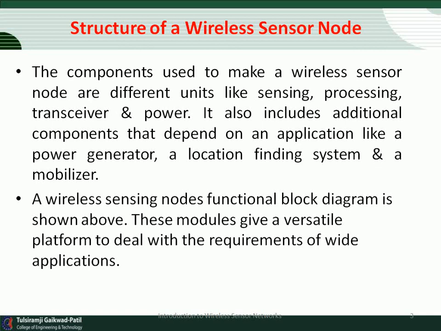It also includes additional components that depend on the application, like a power generator, a location finding system, and a mobilizer. A wireless sensing node's functional block diagram is shown, that means these modules give a versatile platform to deal with the requirements of a wide range of applications.